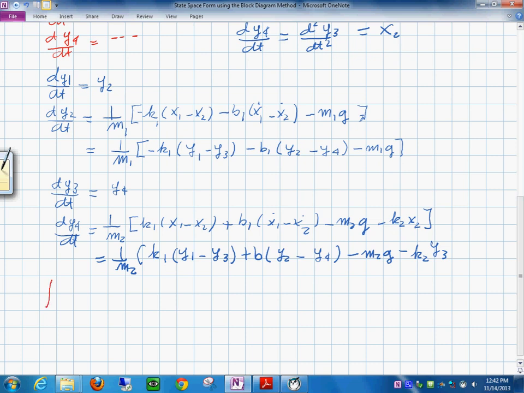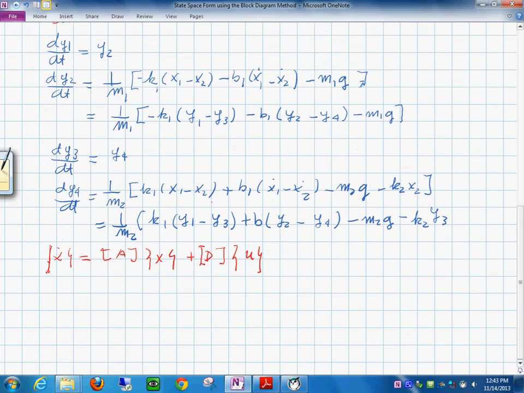And here we are interested in writing the form x dot is equal to A times the vector x plus B times the vector of inputs. This is what we want from these equations. But you can see that we are pretty close to it right now.